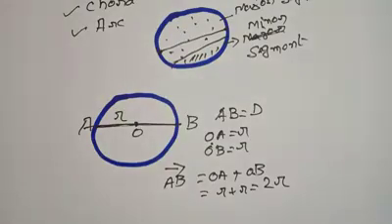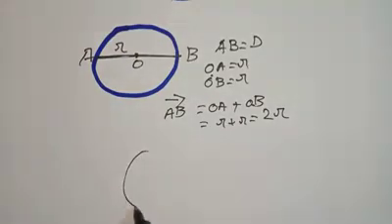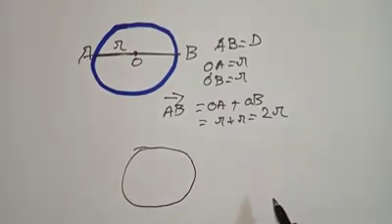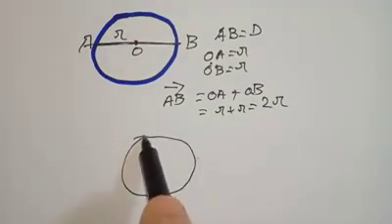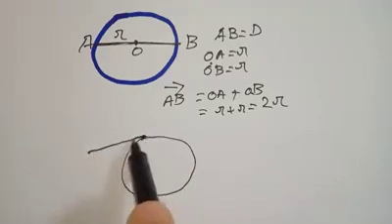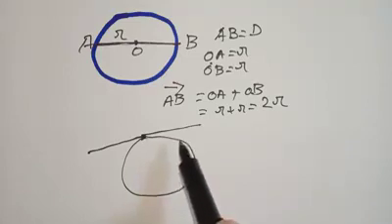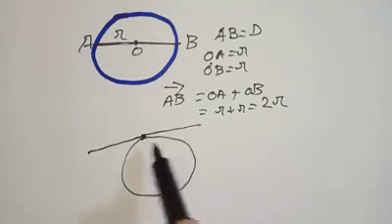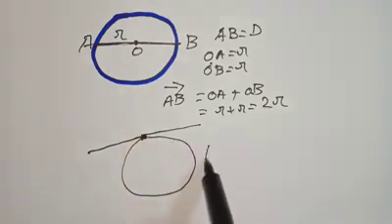Okay, fine. So now we come to something which we call tangent. So let me draw another circle, a small circle like this. And say for example, if I get a point over here and I draw a straight line, when a line meets a circle at only one point, remember, it is called a tangent.